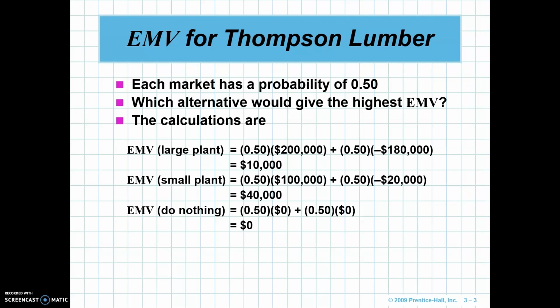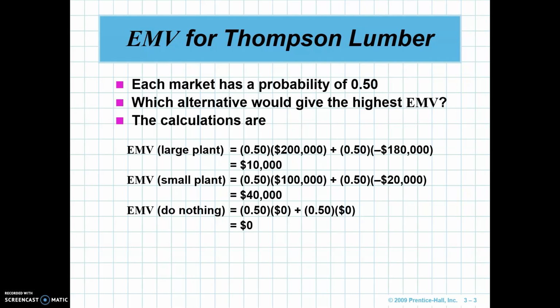In case of small plant, the expected monetary value is coming out to be $40,000, which is 0.5 into 1 lakh plus 0.5 into minus 20,000, right? And when you do nothing, that means you don't set up a plant for expanding your manufacturing base, obviously the revenue will be zero, right?